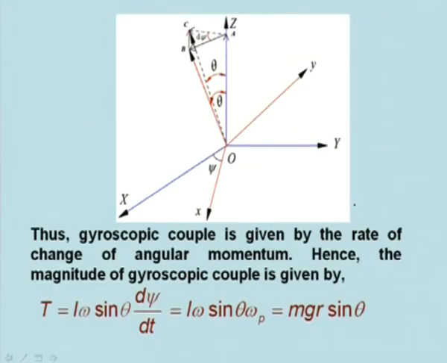Thus the gyroscopic couple is given by the rate of change of angular momentum. Hence the magnitude of gyroscopic couple is T is equal to I omega sin theta d psi by dt, which is I omega sin theta omega p, and that is equal to mgr sin theta.